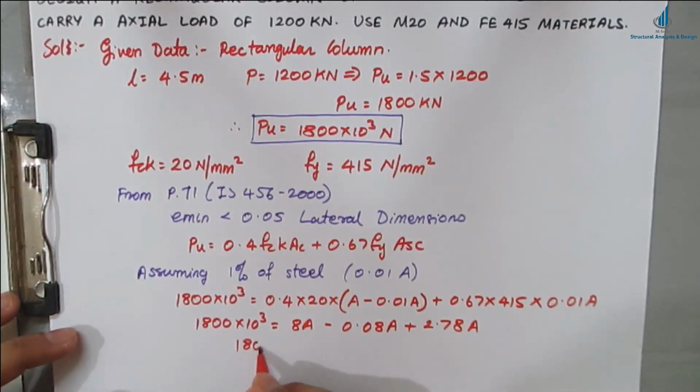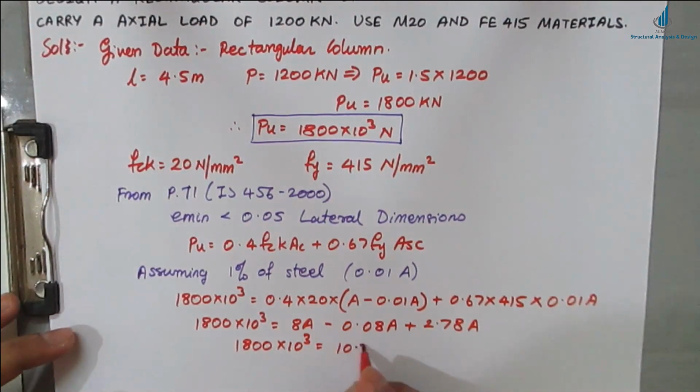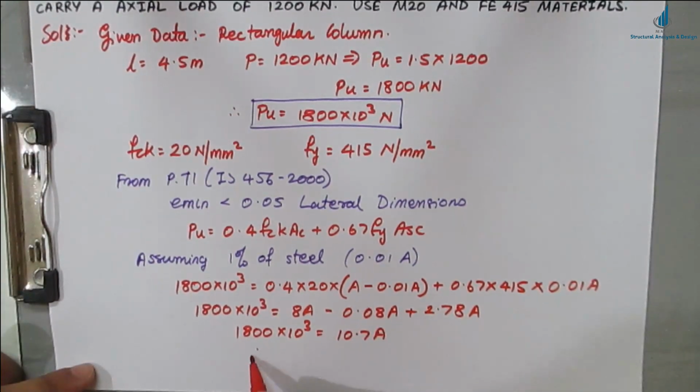So 1800 into 10 raised to 3 equals, when you simplify this, you will be getting 10.7A. Therefore A equals 1800 into 10 raised to 3 divided by 10.7.